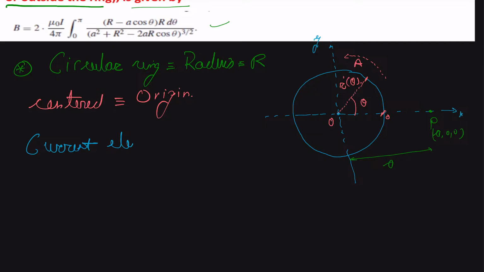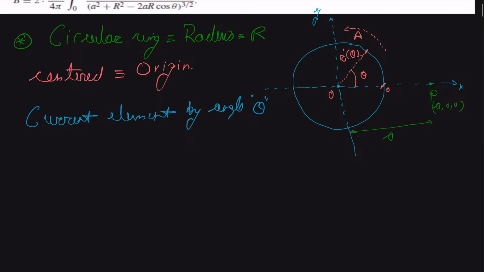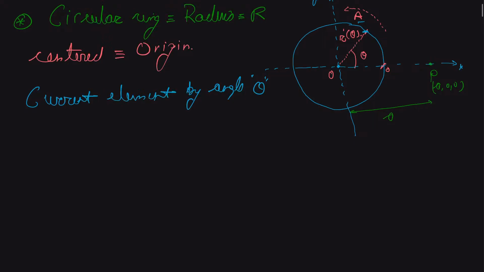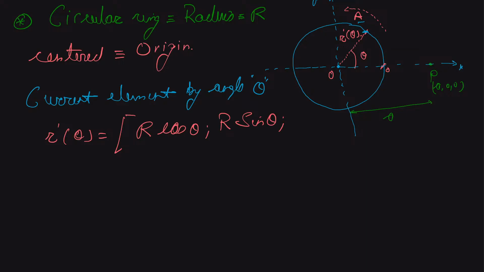So we can say a current element at angle theta, and this current element in this particular case is represented by point A. Therefore, we can write that our r prime theta will be equal to, we can write its coordinates, and that will be r cos of theta, r sine of theta, and 0.